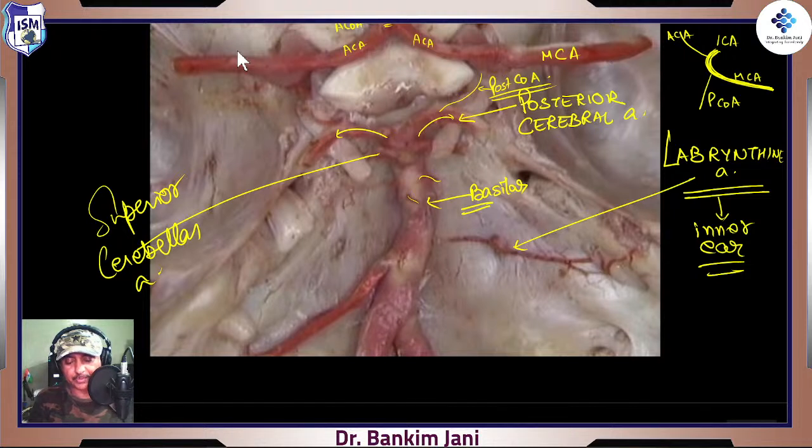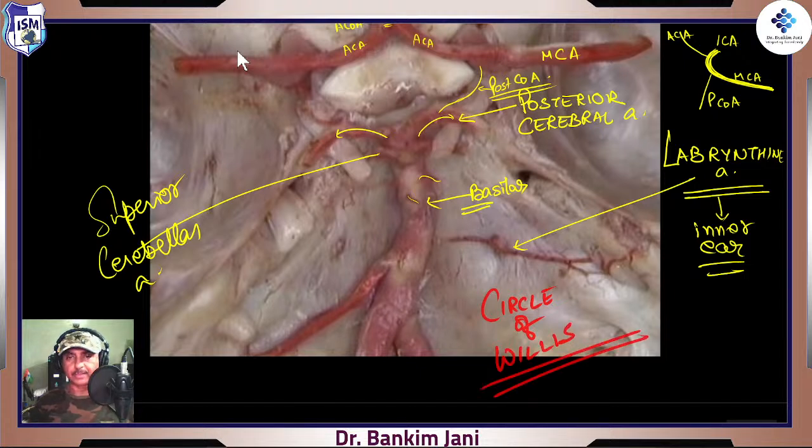So anterior cerebral, anterior communicating, anterior cerebral artery, then over here middle cerebral artery, then continuing with this posterior communicating artery to posterior cerebral artery to basilar, and then again on the opposite side. So this entire circle is complete, and this is what is called the circle of Willis, right? This is what is called the circle of Willis.